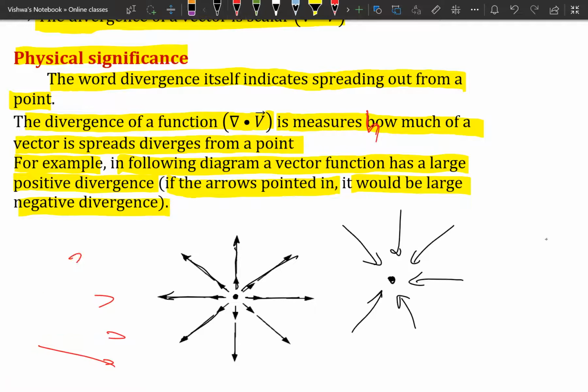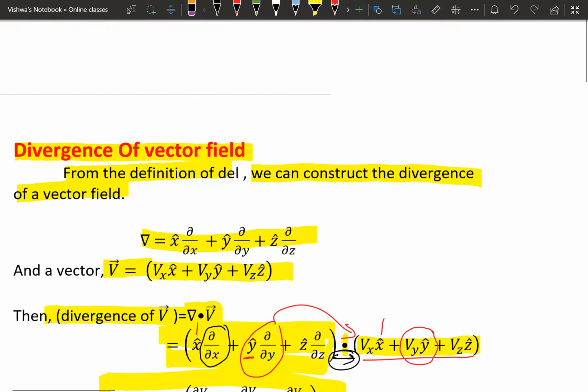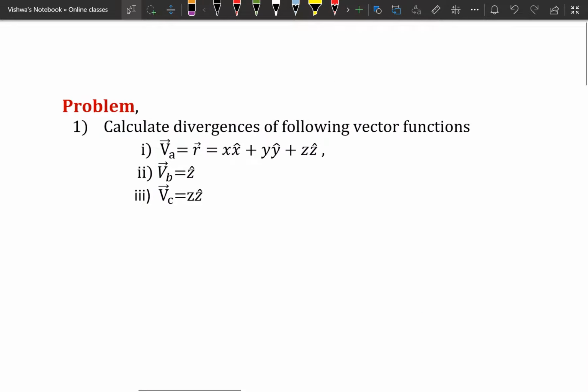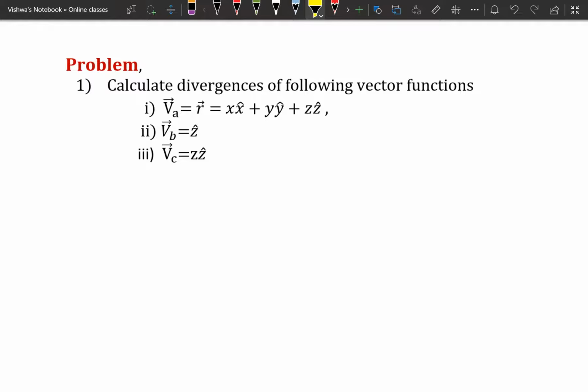Now how do we find the divergence of vector fields? Now observe an example as a problem. Calculate the divergence of the following vector functions. Here three vector functions are given, and we have to find the divergence of these three vector functions.